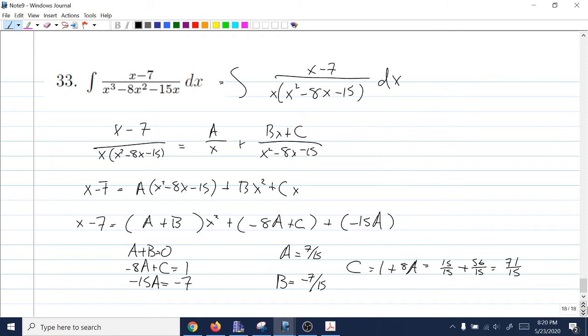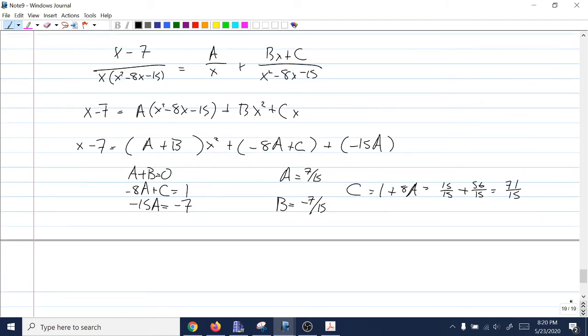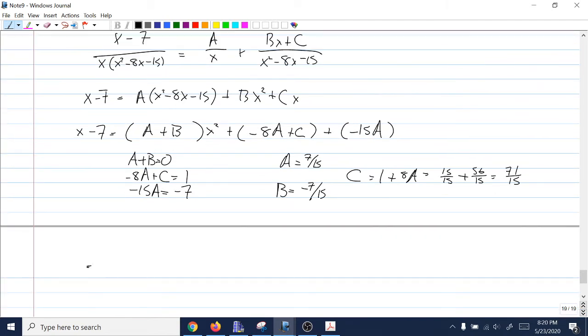Okay, now we just have to integrate this. Jeez, gross. a is 7 over 15 over x, plus, what's b? b is negative 7 over 15 x, plus, what's c? 71 over 15 over x squared minus 8x minus 15.